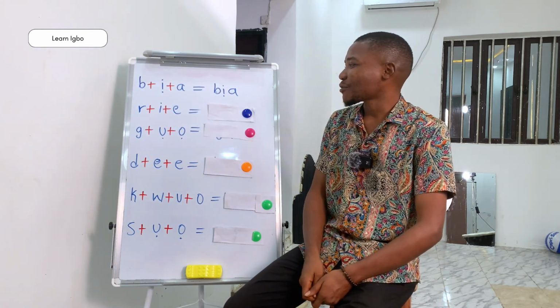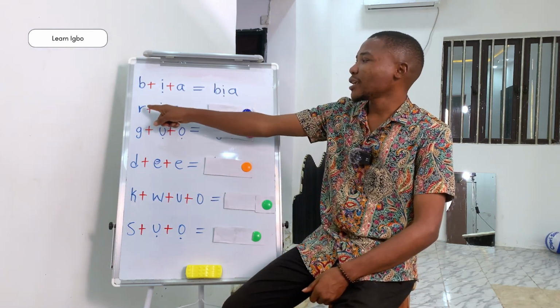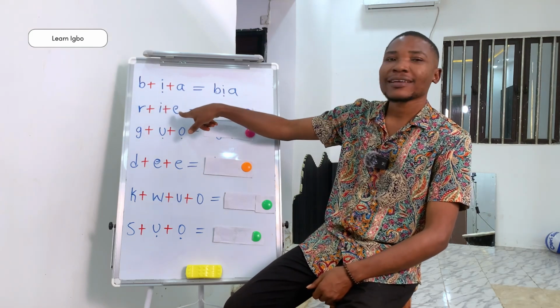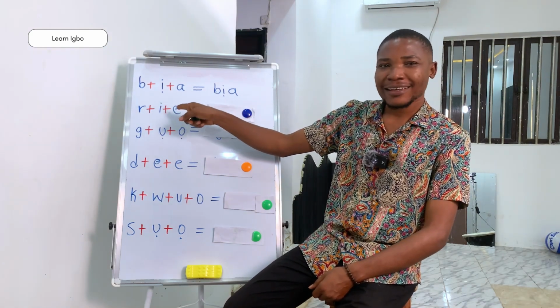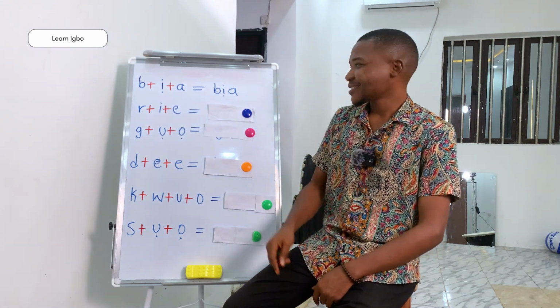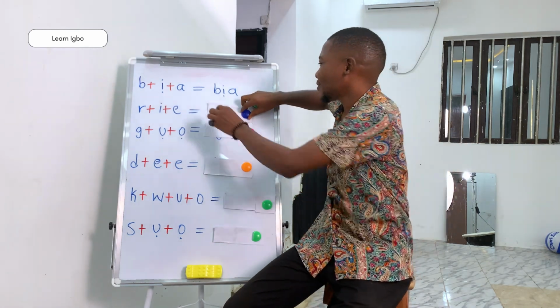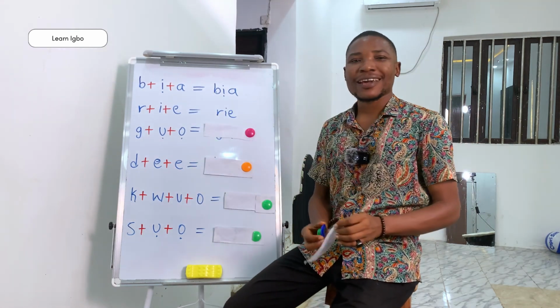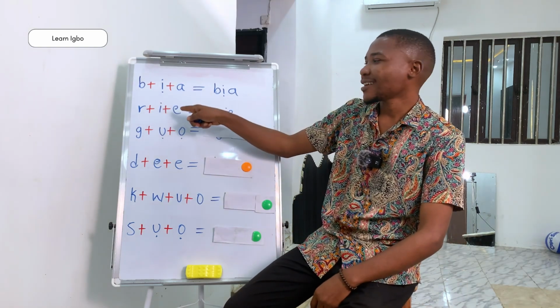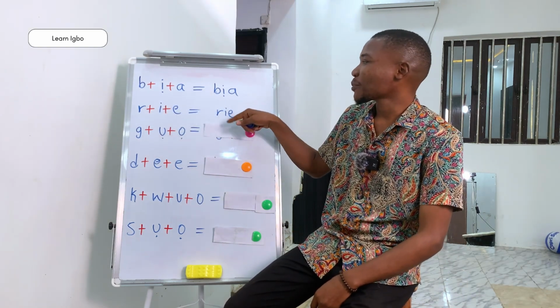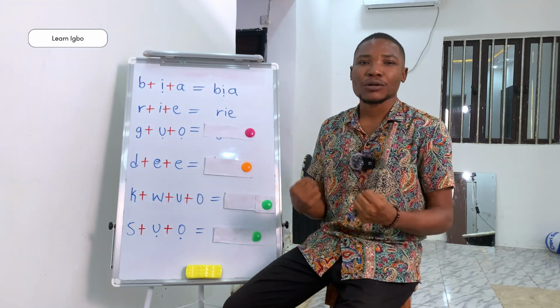Now the next one we have here is Re, E, E. Re, E, E. Guess what? We have here Re, E, E is equal to what? Re. Bia is what? Come.